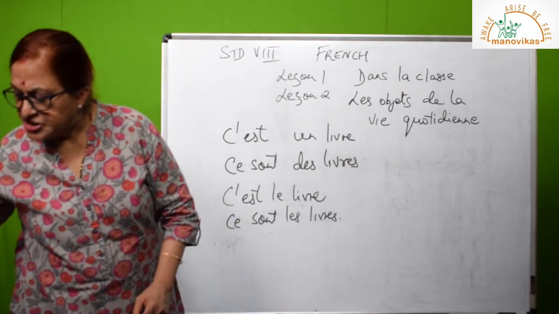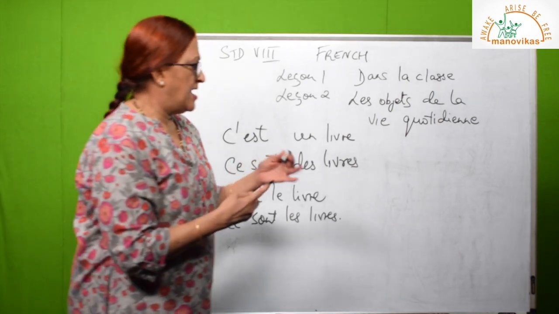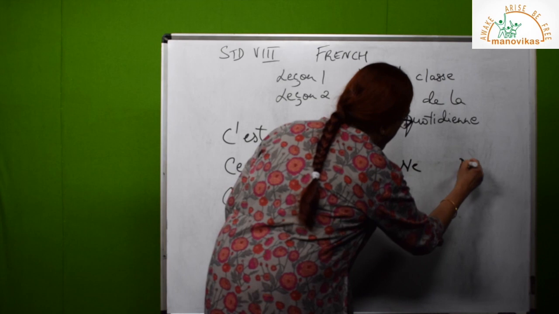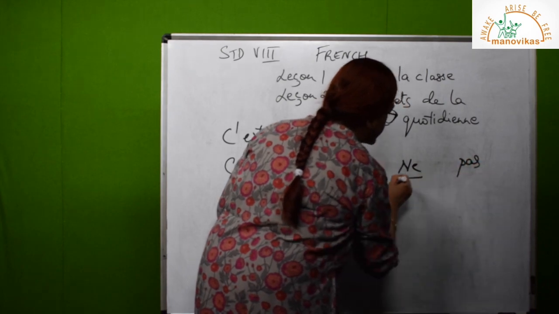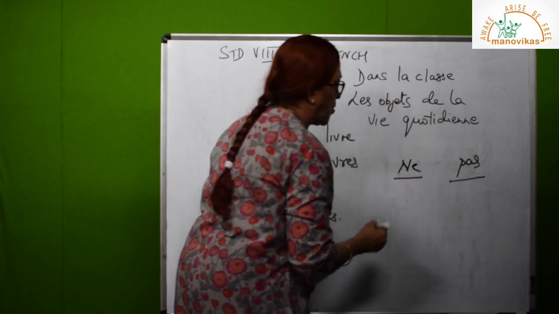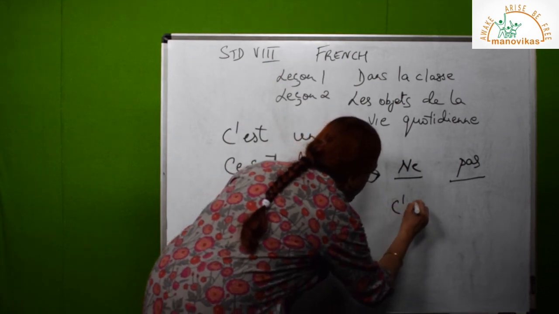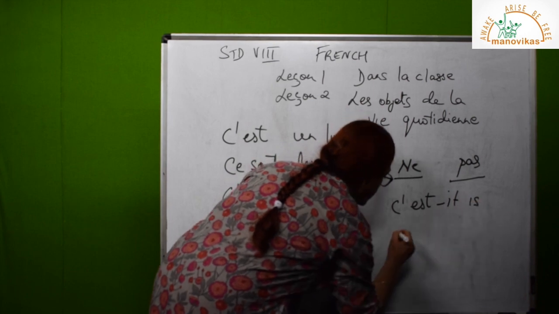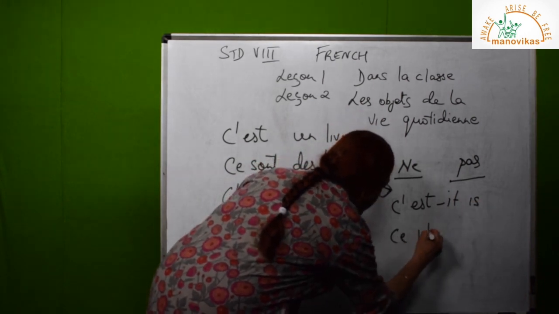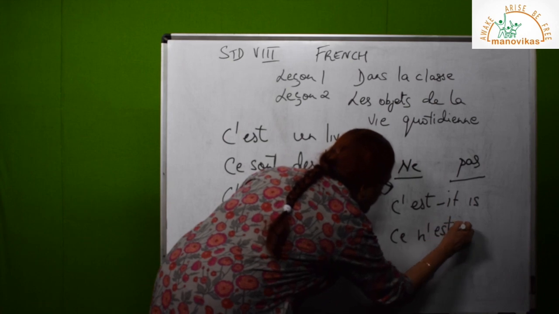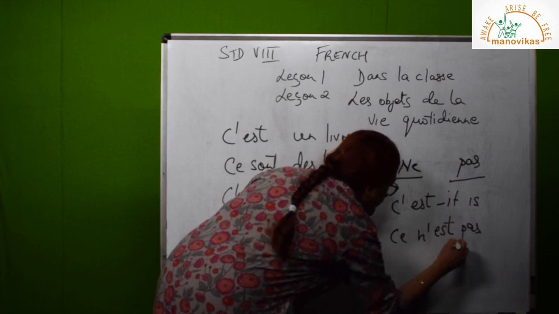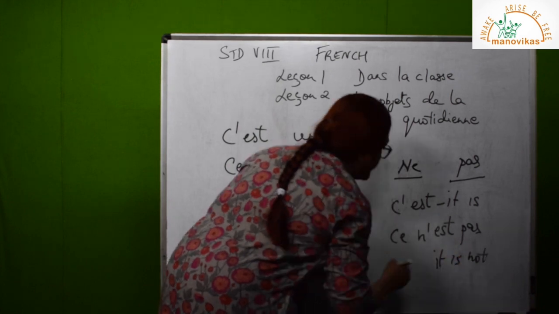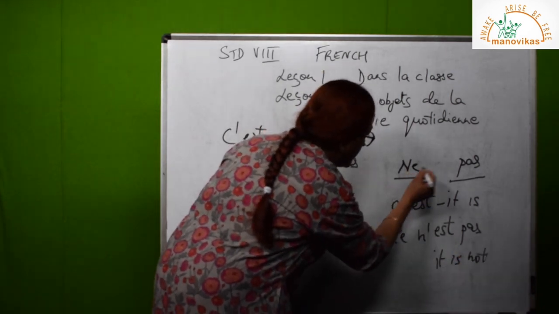Now I will teach you what's a negation. If you come across ne and pas, this is to negate. So, if I say c'est, it is. If I say ce n'est pas, it is not. So what I have done, I have used ne and pas.